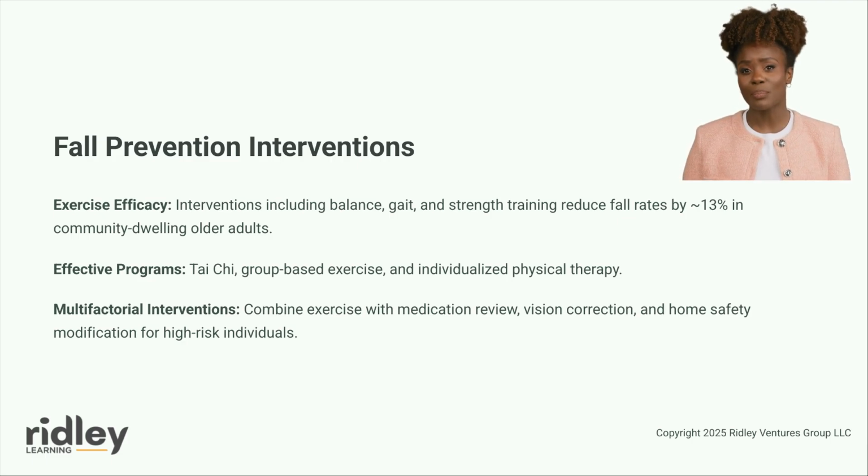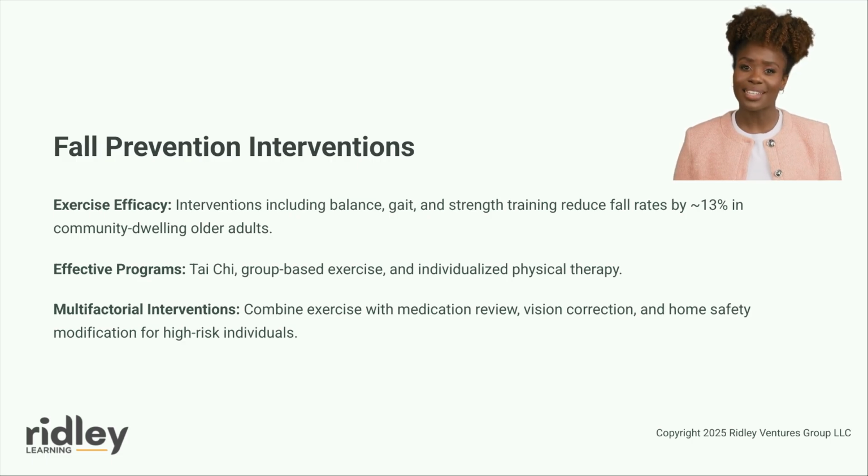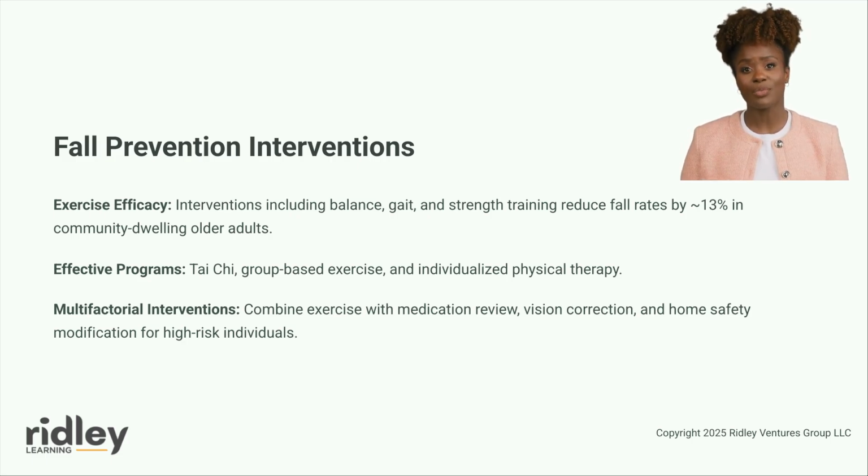Medication review as a component of fall prevention addresses the well-established association between certain medication classes and fall risk. Psychotropic medications including benzodiazepines, sedative hypnotics, antidepressants, and antipsychotics significantly increase fall risk through effects on alertness, balance, and orthostatic blood pressure.